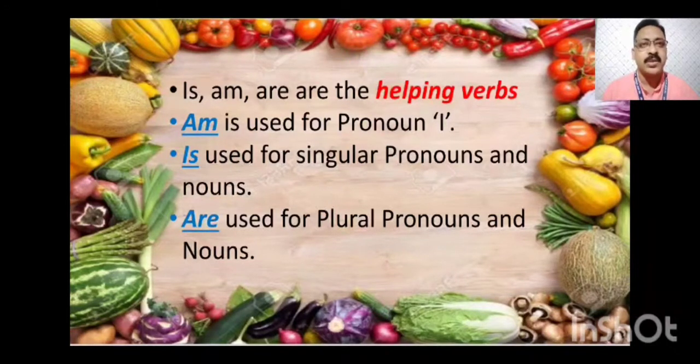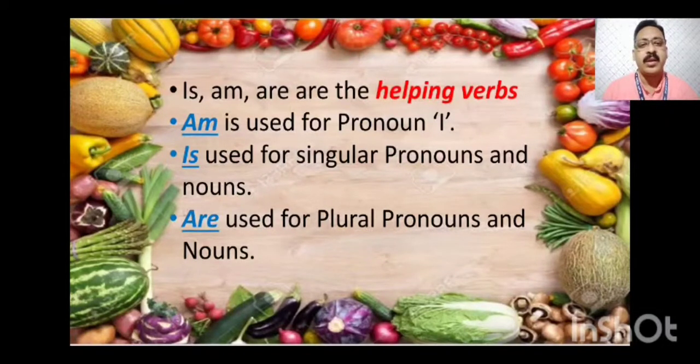When the subject is singular, it can be a pronoun or a noun, there we use is. And when the subject is plural, whether it is a pronoun or noun, there we use are.